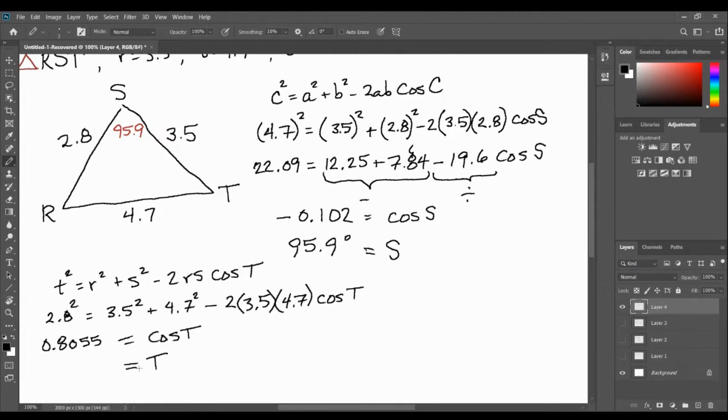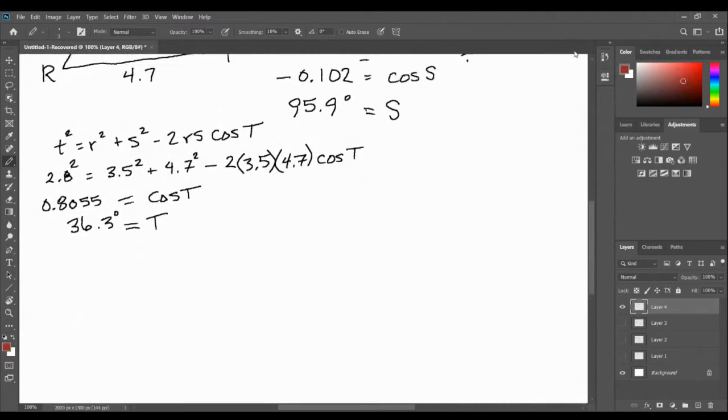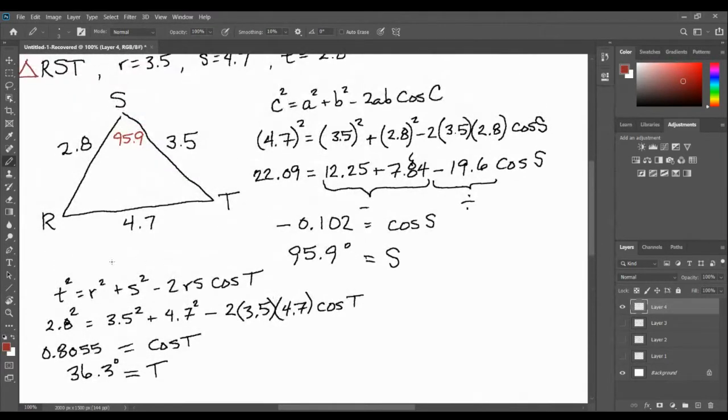So t would be arc cosine of that, which is 36.3 degrees. Once I have those two angles, I can subtract them from 180 to get R. 180 minus 95.9 minus 36.3 is 47.8.